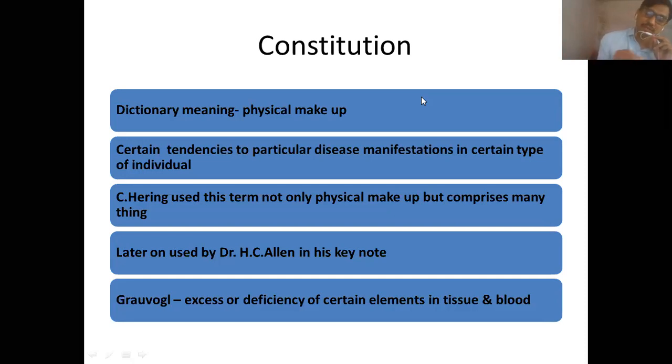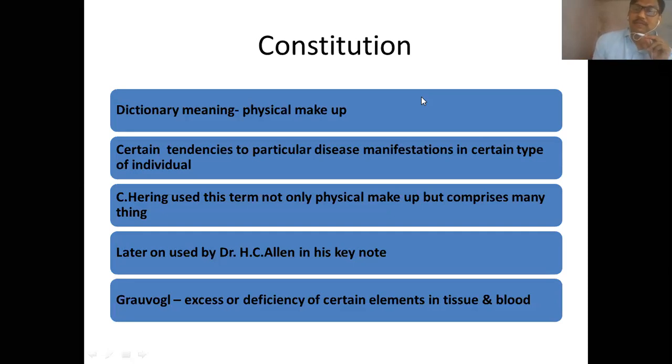And after a careful study of this excess or deficiency of certain elements in certain types of individuals, he has given 3 types of constitutions.